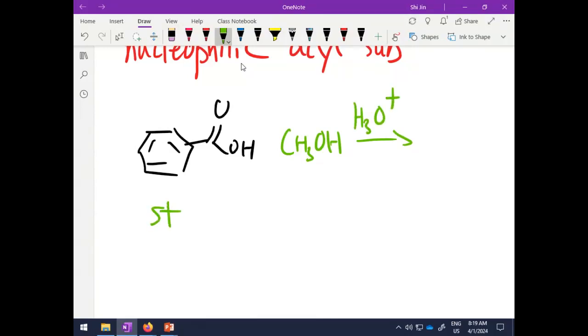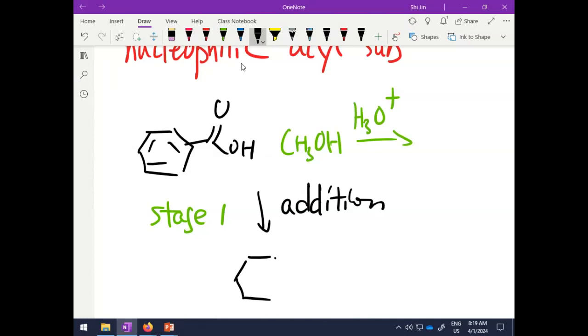First stage, stage 1, addition. The addition reaction will give you a tetrahedral intermediate. So that's the first stage, stage 1, addition.